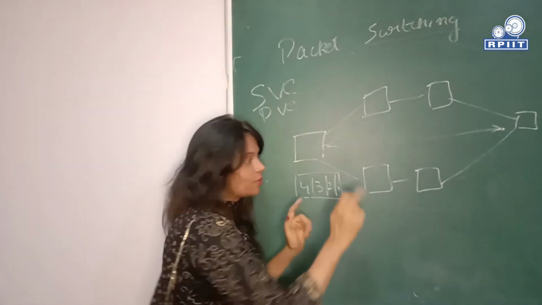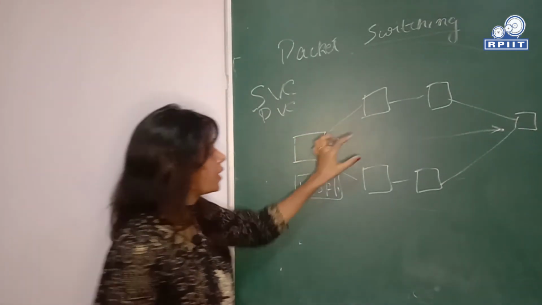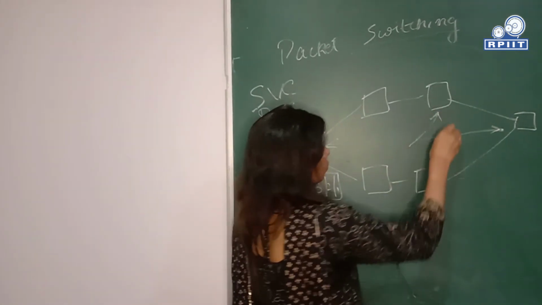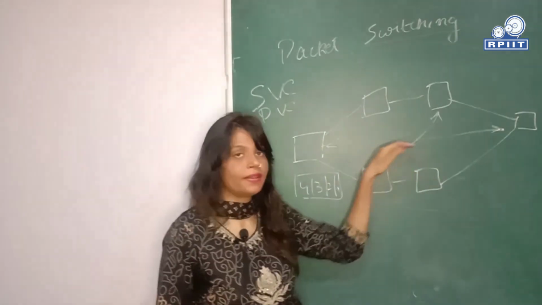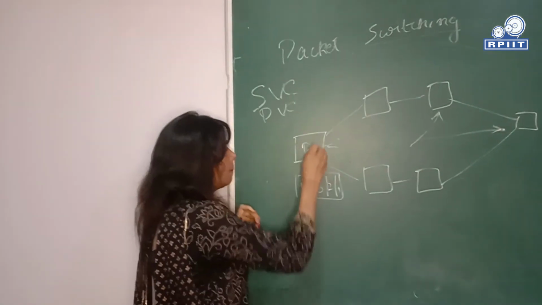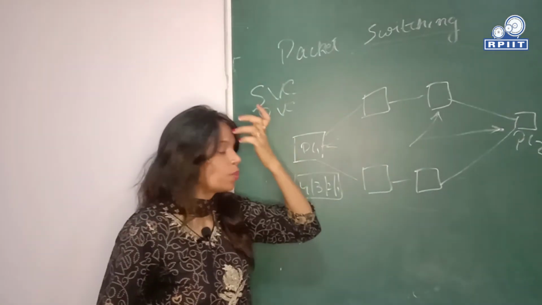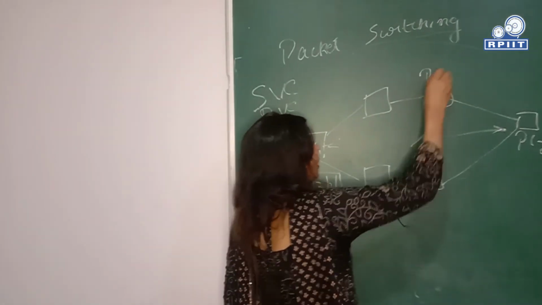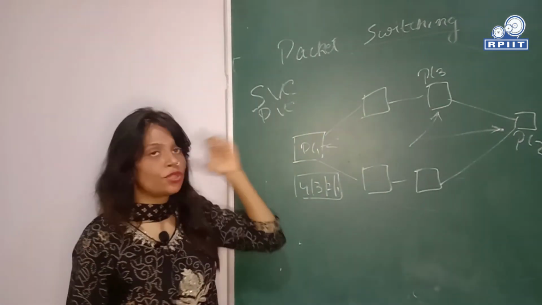And once the data is transmitted, then what we do is that the network is switched to some other intermediate node. So that same link that is used to carry the data from PC1 to PC2 can be utilized later on, or can be switched later on to carry the data that belongs to PC1 and PC3. This is called switched virtual circuit.